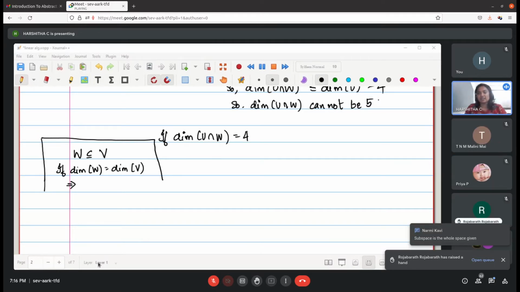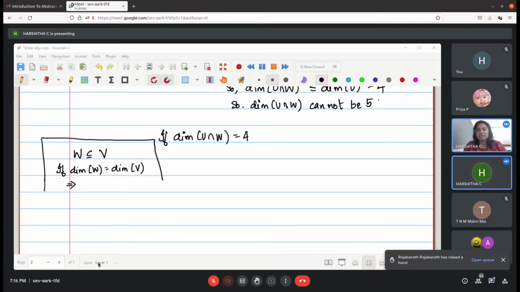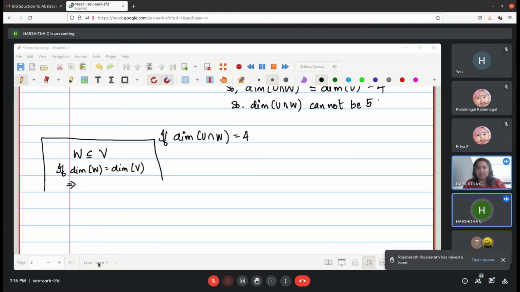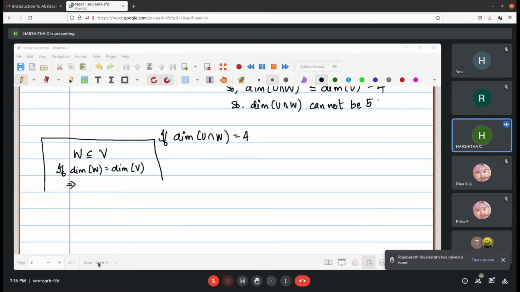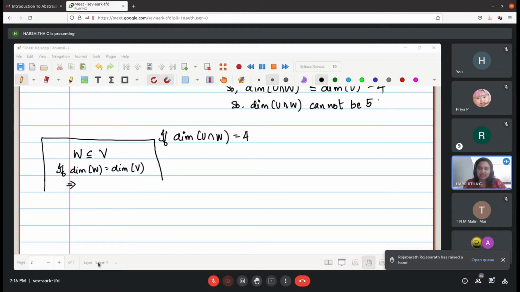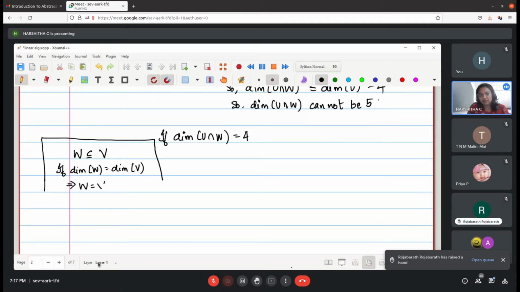Yeah, exactly. Subspace should be the whole space given. See, we can't say same number of elements because they are both infinite, and if you're taking fields like real numbers or complex numbers, they are both uncountable. So I think what you meant to say is they are actually the same spaces. It was a close answer, just a more precise way of saying it is W has to be equal to V. You can just look at it in R2 or R3.